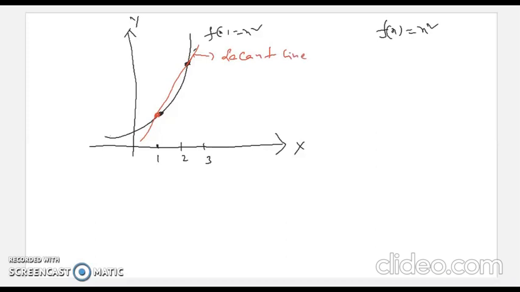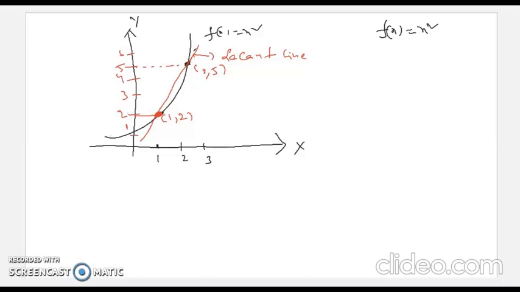To find the slope of the secant line, suppose on the y-axis we have the points 1, 2, 3, 4, 5, 6 and so on. For this point we have x value 1 and y value 2, and for the other point we have x value 2 and y value 5. What is the formula?